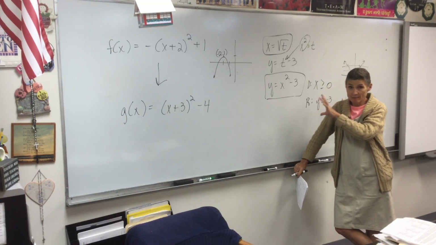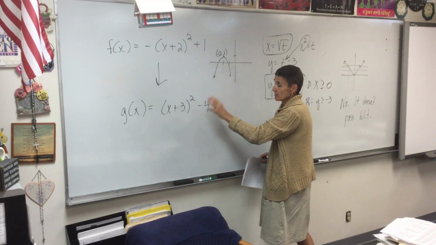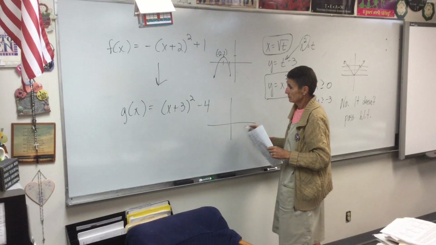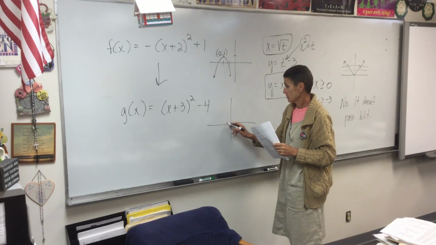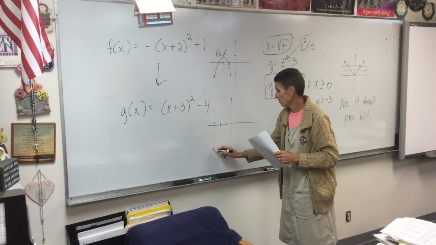That's my starting point. Now I got to get from this to this, which is a parabola, opening up, no negative, shifted left 3 and down 4.